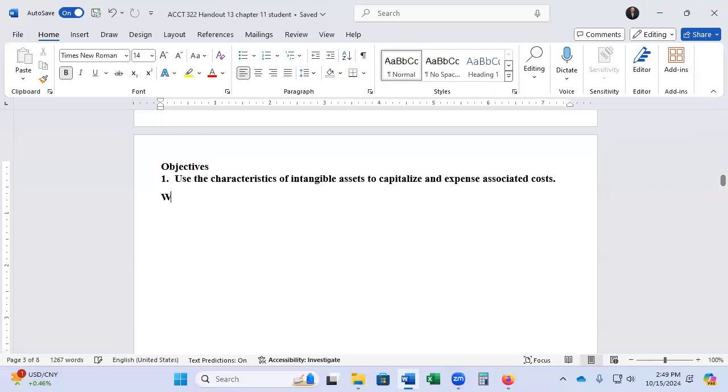Okay, so what are intangibles? They're long-lived assets that are not tangible. We'll talk about the types in a minute.